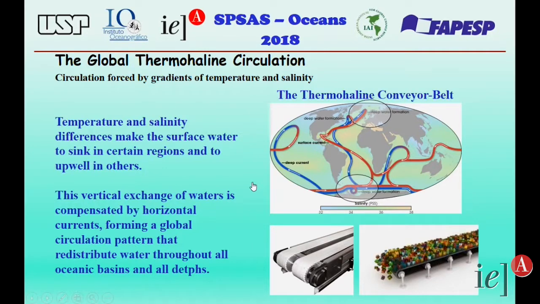Gradually it upwells. Another part continues into the Pacific and gradually comes back to the surface. And then from the Pacific it goes to the Indian Ocean through the Indonesian Straits, joins surface water in the Indian Ocean, and goes to the Atlantic by the southern tip of Africa, and then goes north, and then sinks again.